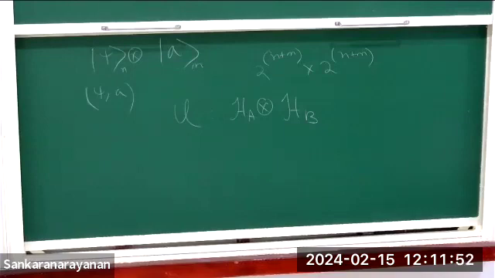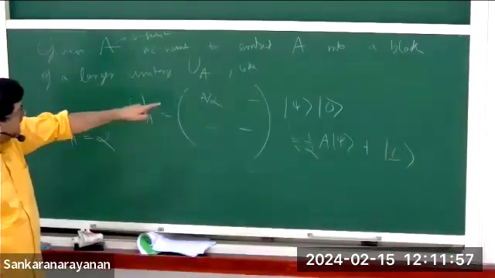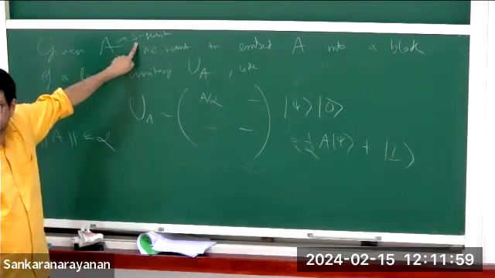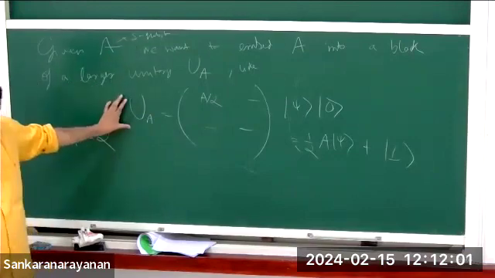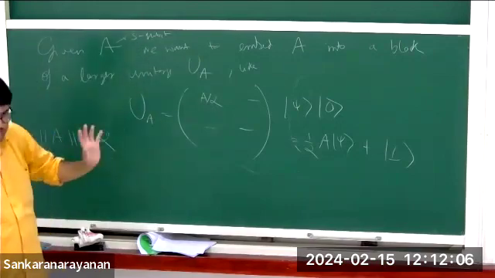So for a moment, going back to A over alpha. Now see, if A is an S qubit operator, it's not a unitary.